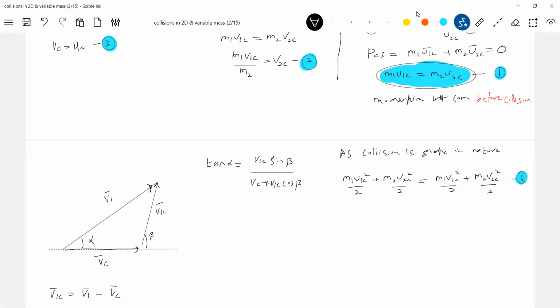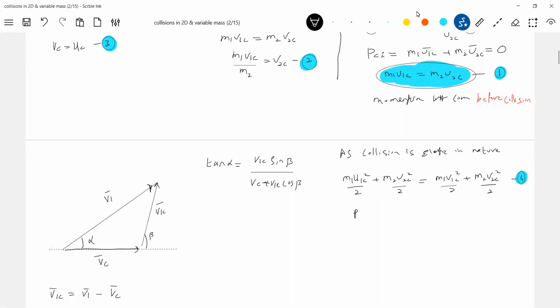Now, shall I take help of equations 1, 2? Substitute 1, 2 in equation 4 because we have V2C, we have U2C, so that I'll get only U1C and V1C. Then I'll get a relation between U1C and V1C. Then we'll see what I can do further.